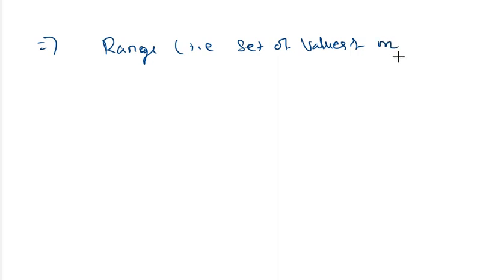So this implies the range, that is the set of values of m. What is m? f of n, is equal to natural number. And the codomain is also natural number.